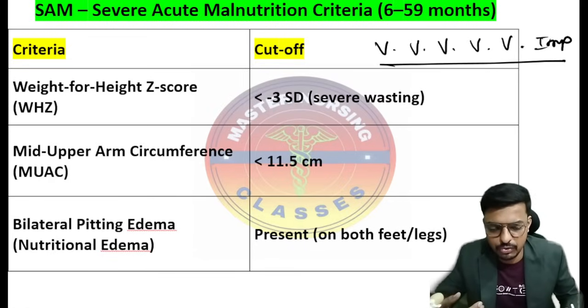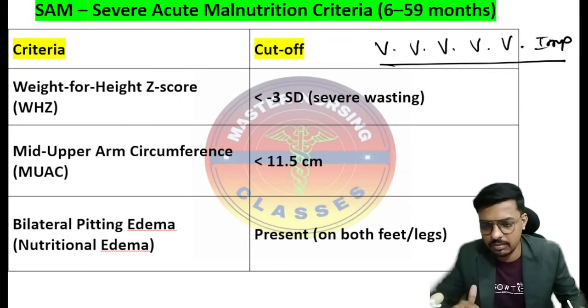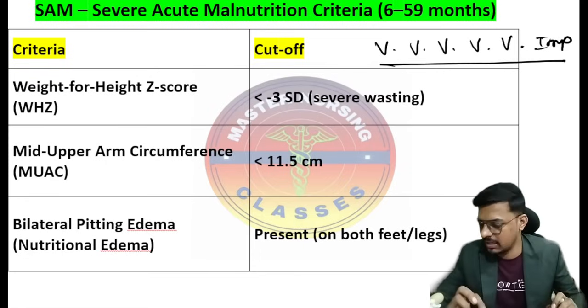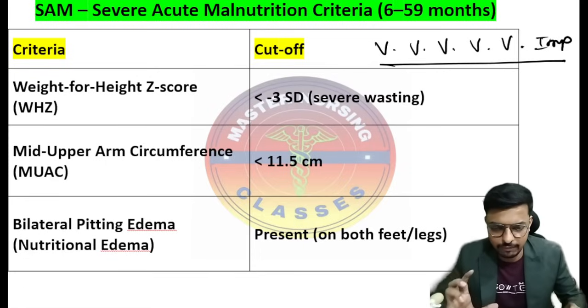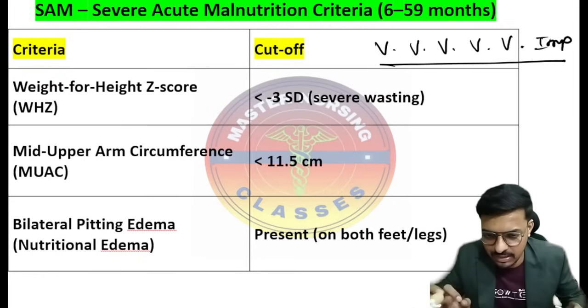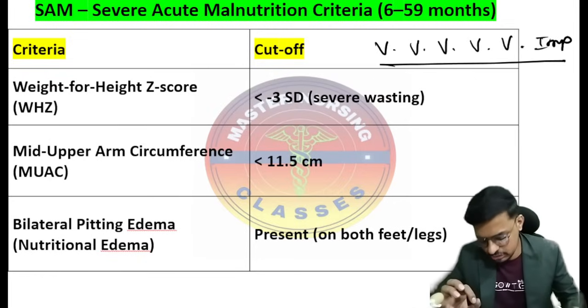I will post your SAM criteria on my YouTube channel directly. Write it properly and neatly, take a photo and send it to my WhatsApp number. That is very important, so please do remember.